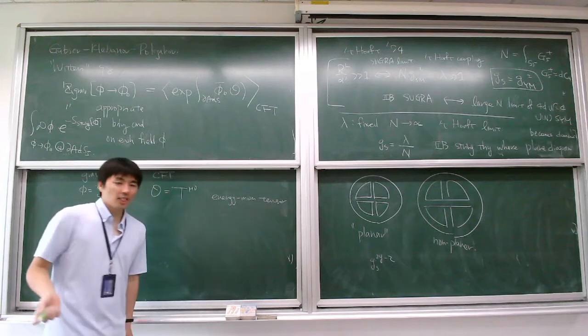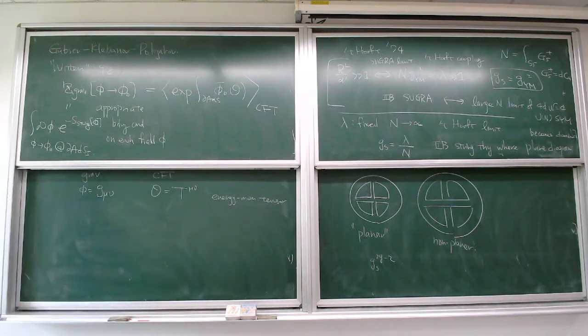So any gravitational theory has a metric, and likewise the dual theory should have the corresponding operator, the energy momentum tensor, which is spin 2.